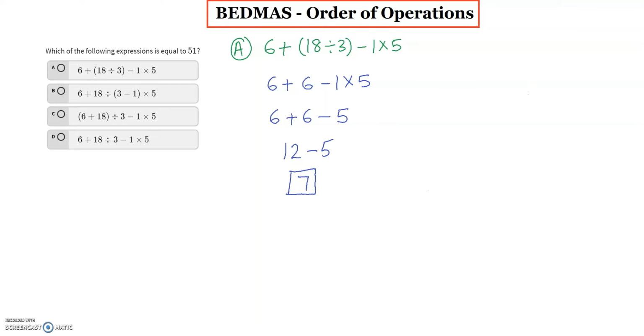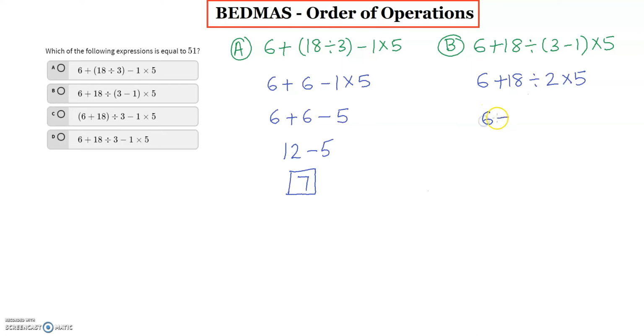Let's just move on to option B, which is 6 plus 18 divided by 3 minus 1 times 5. Again, I will solve the brackets first. Everything else is the same. 6 plus 18 divided by 3 minus 1 is 2, times 5. Now I will do the division after.